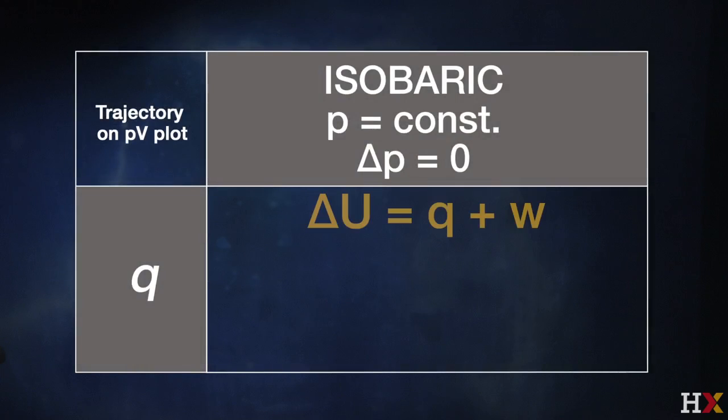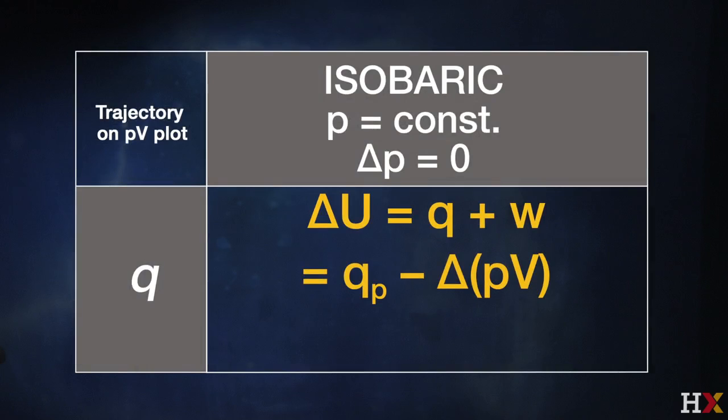All right, now let's turn to heat, the heat term. So to calculate the heat along an isobaric trajectory, I know that this is equal to Q at constant pressure minus the change in pressure times volume. Well, I also know that Q at constant pressure is simply equal to the number of moles times molar specific heat at constant pressure times the change in temperature.